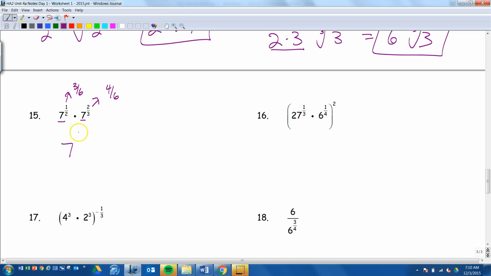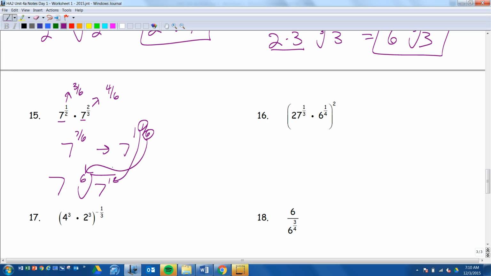So you get 7 to the 7/6. You can think of that as 7 to the 1 and 1/6, right? There was enough for 1 with a remainder of 1. Which means that I have a 7 outside, a whole 7, but I am left with a 6th root of just one more 7. That's what this number is. And that number goes here. Okay?